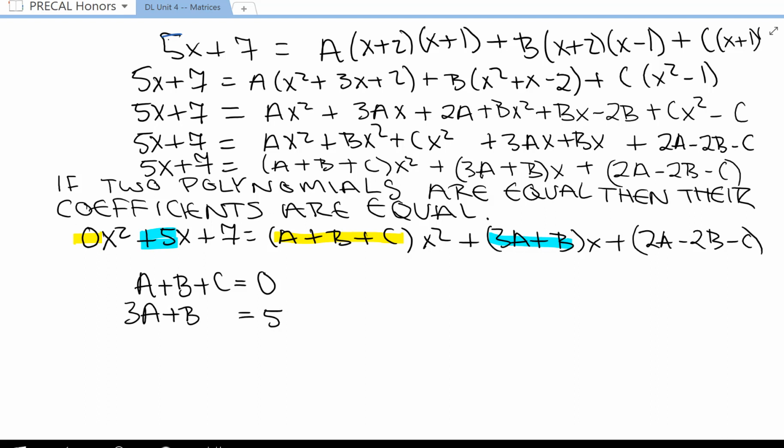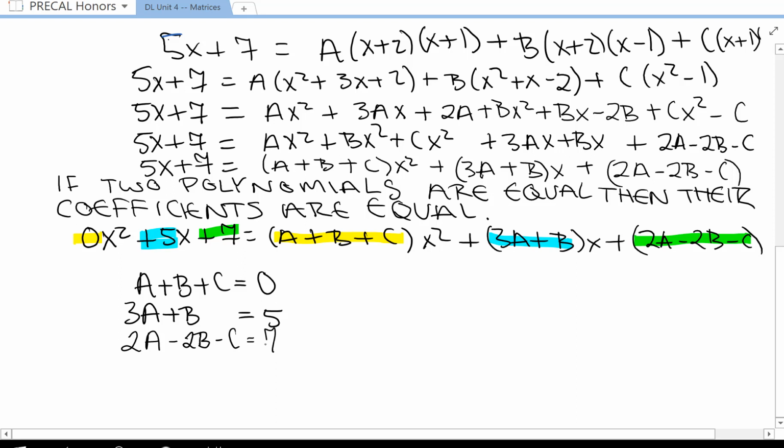And that means that these constants are equal to this constant. Now you have a system of equations that you can pretty easily solve.